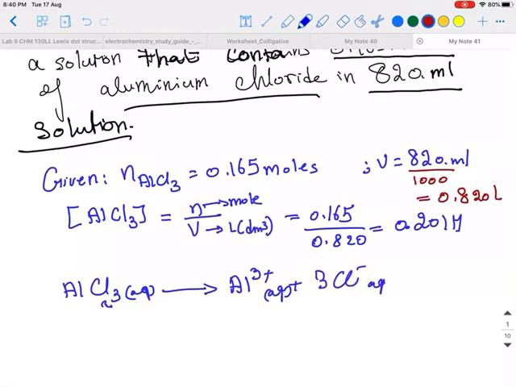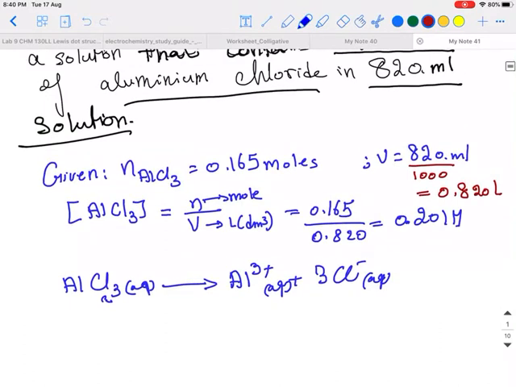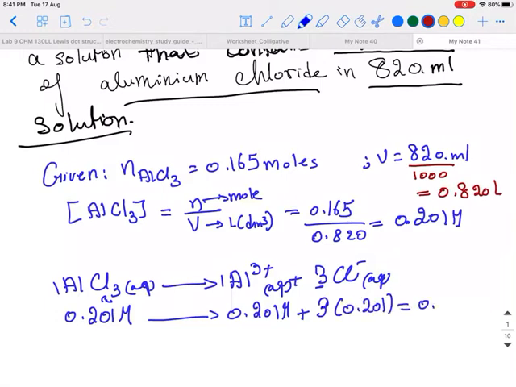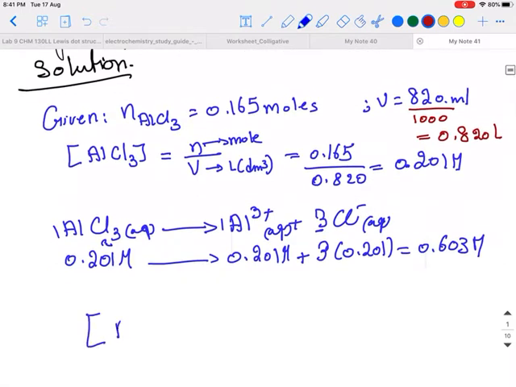Now this substance is soluble in water, so it splits into its corresponding ions, Al3+, and as you see we have here 3 chloride ions, so plus 3 Cl-. We will apply stoichiometry to find the concentration of each aluminium ion and chloride ion. If this is 0.201 and the ratio is 1 to 1, this will also be 0.201. For chloride we multiply by 3 because the ratio is 1 to 3, so 3 times 0.201, which is 0.603 molar, to 3 significant figures.